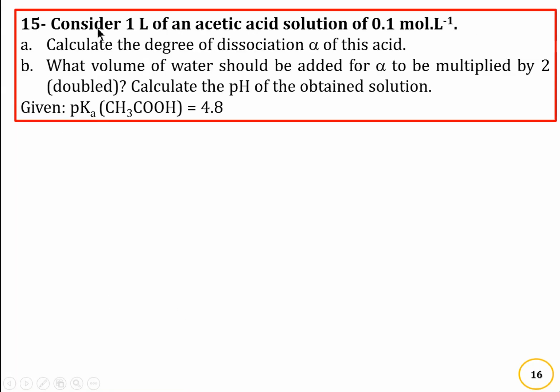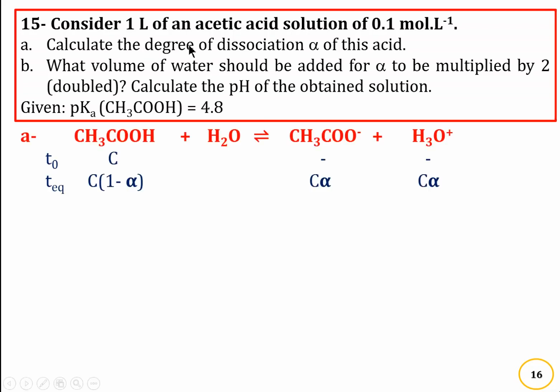Exercise 15. Consider 1 liter of acetic acid solution, 0.1 mole per liter. Question A, calculate the degree of dissociation alpha. Since acetic acid is a weak acid, it will dissociate partially to acetate and H3O+ until equilibrium. At t equals 0, C, 0, 0.